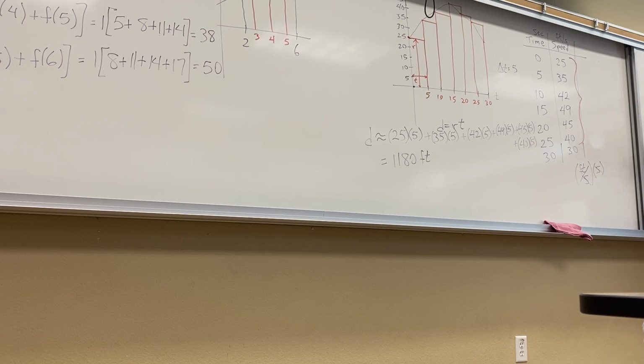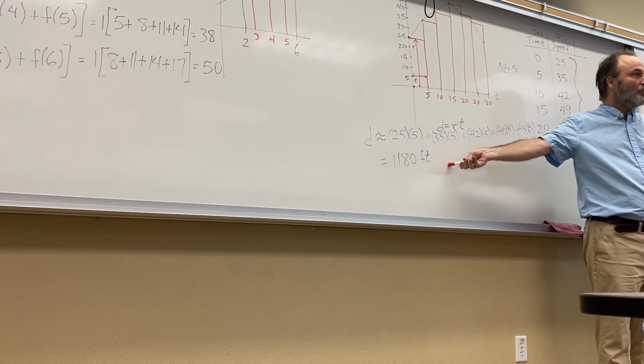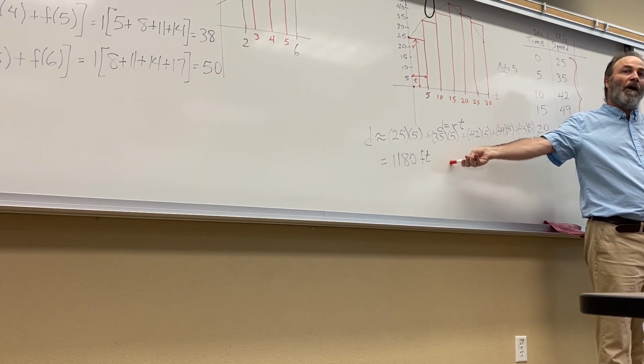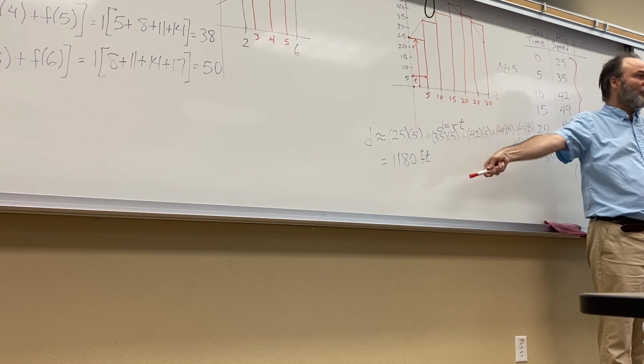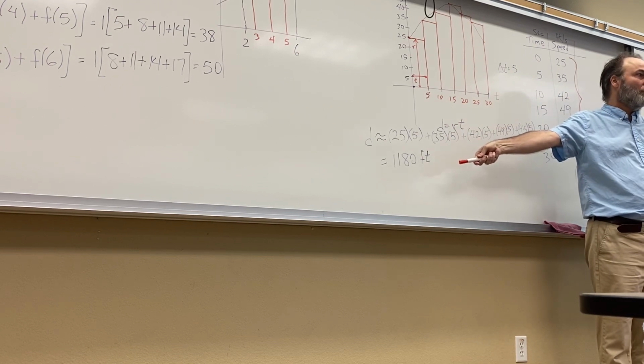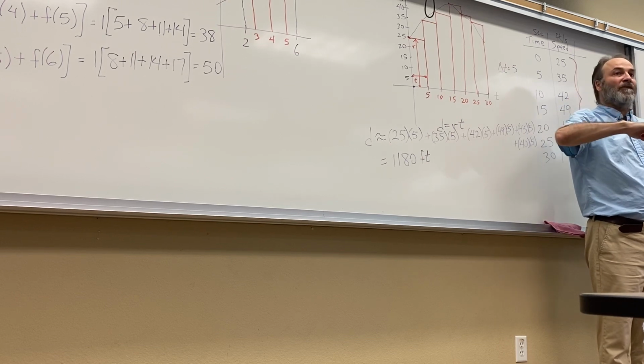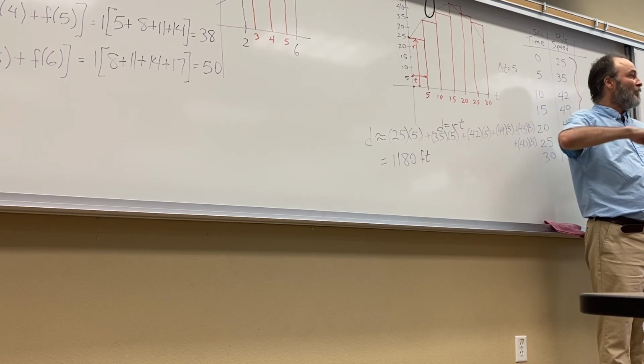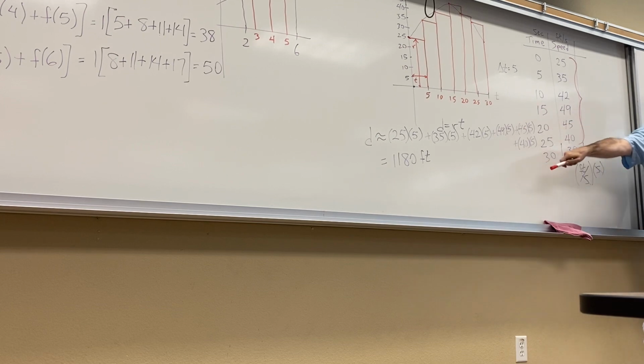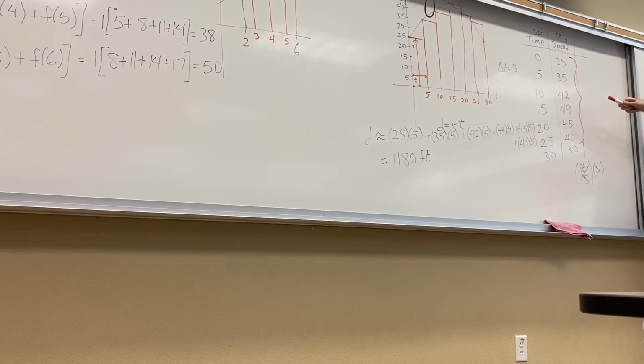This process of finding the areas turned velocity into position. What operation turns velocity into position? How do we, if I gave you a position function, how would you turn that into a velocity function? Take the derivative. How do we turn velocity back into position? Antiderivative. So these areas that we're finding are really just antiderivatives.